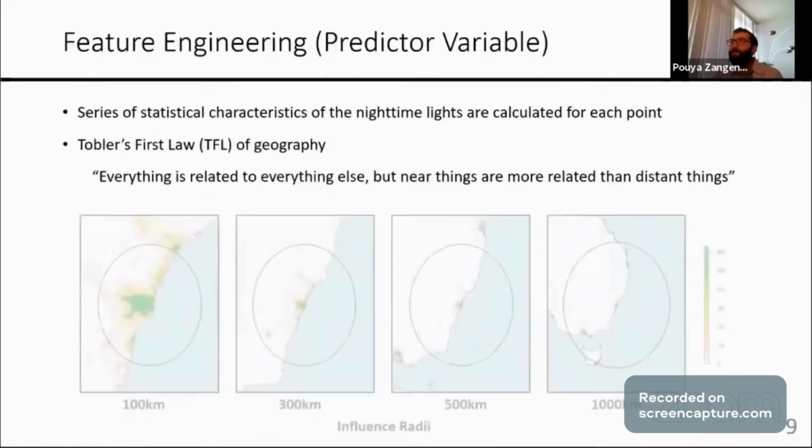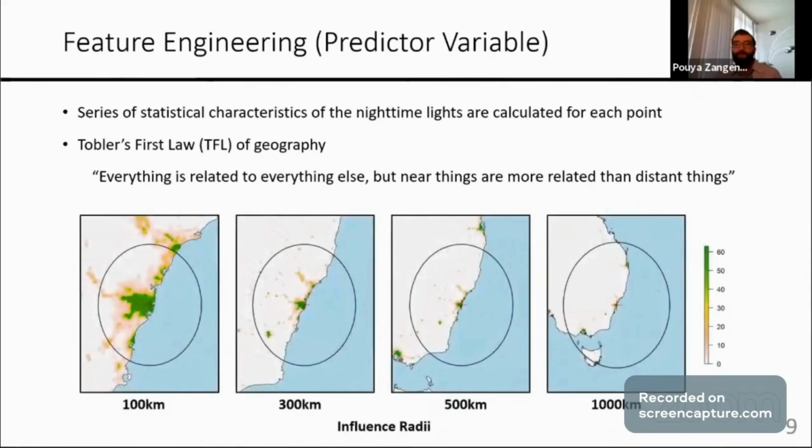The other thing I was going to talk about within our feature engineering is the law of geography that we learned about, which was very interestingly stated: everything is related to everything, but within remoteness, the concept of distance is of importance.